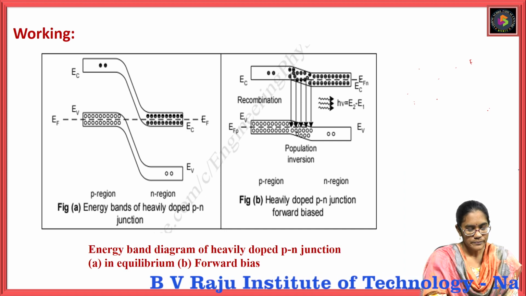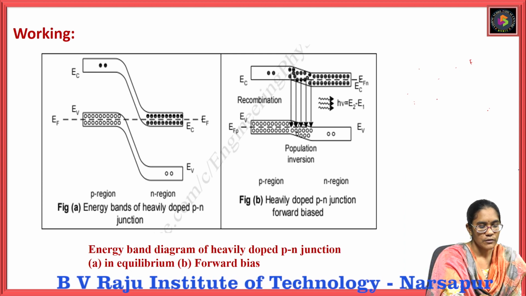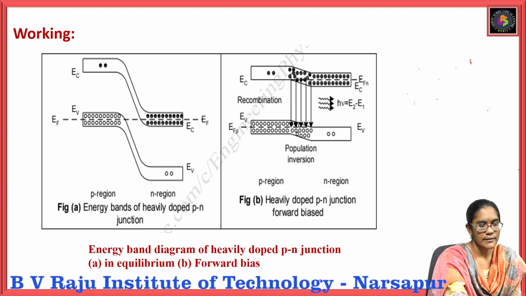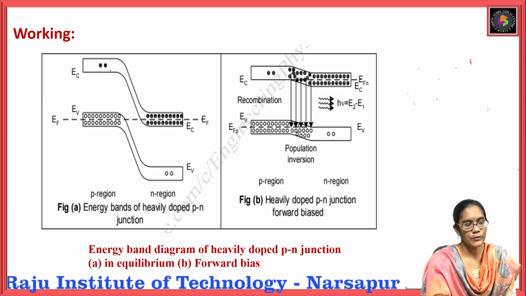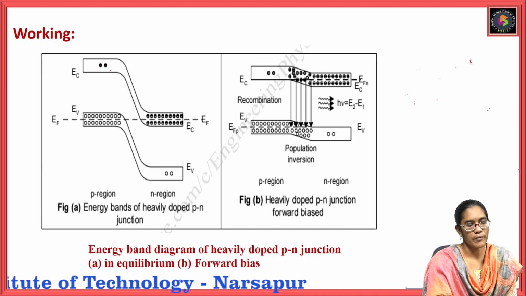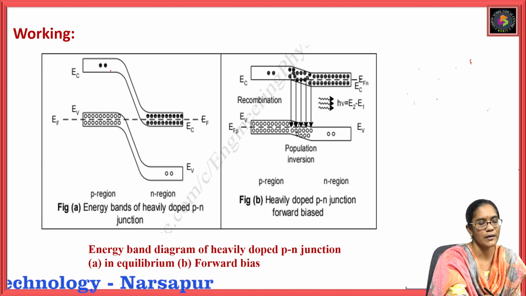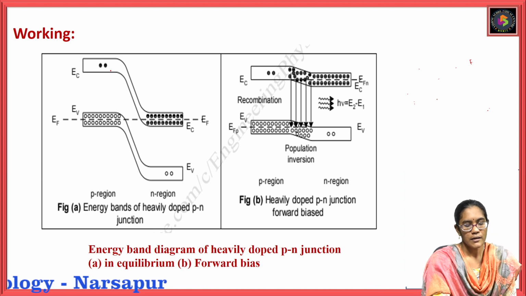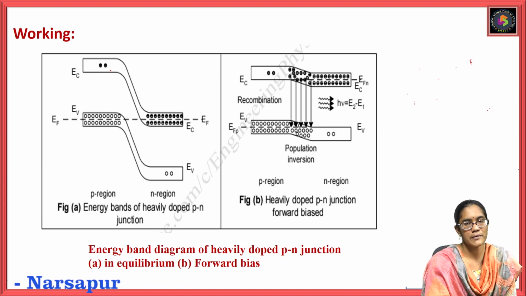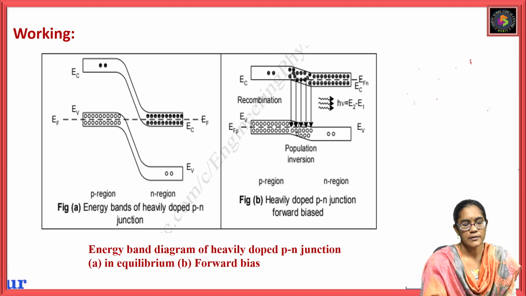Here, if you observe in the P side, the conduction band contains very few electrons, and the valency band contains more electrons. In the N side, very few holes are present in the valency band, and more electrons are present in the conduction band.